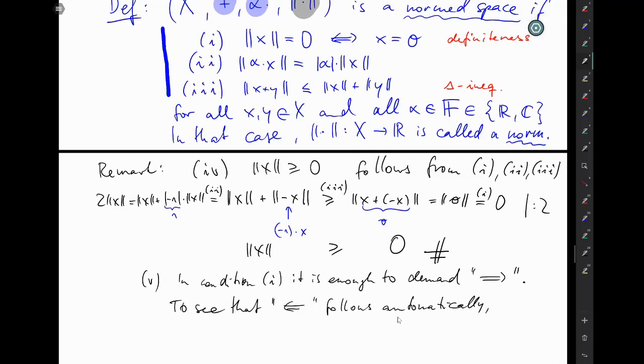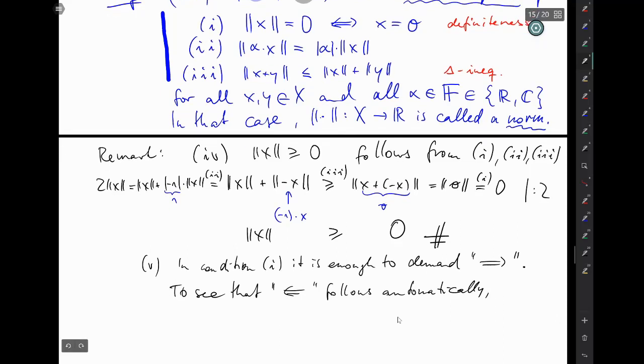check the following. So if x is the 0 vector, then its norm is equal to 0. How can we see that? Look at the norm of the 0 vector. And now you can say that the 0 vector can be written as 0 times any vector that you want, for example a 0 vector or any other vector.